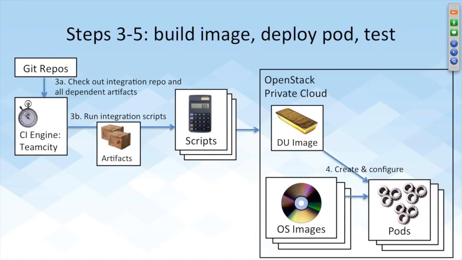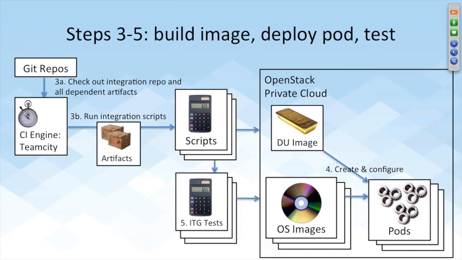So in step 4, we create one pod per test, and we create it from the DU image and also from the OS images. And we configure it and make it ready for the tests. Once the pods are ready, that's when we invoke step 5, which is to run the integration tests themselves.